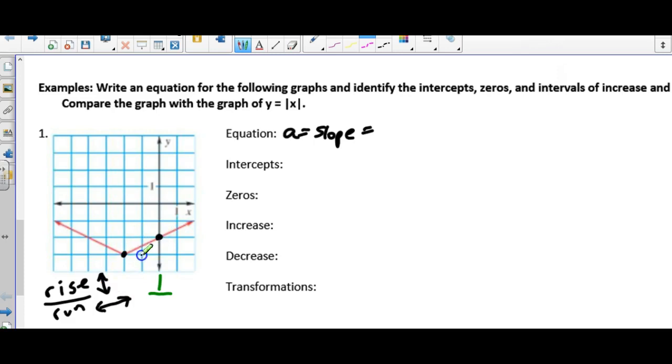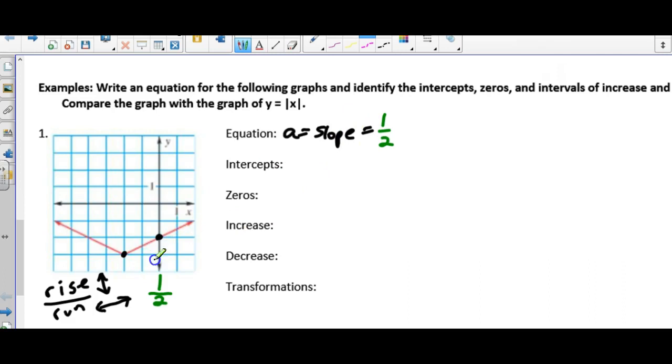Well, I went over twice, 1, 2. Either way it goes, still 1, 2 with a rise of 1. So the rise is 1, the run is 2. That gives us a slope of 1/2. So A, guys, is 1/2.